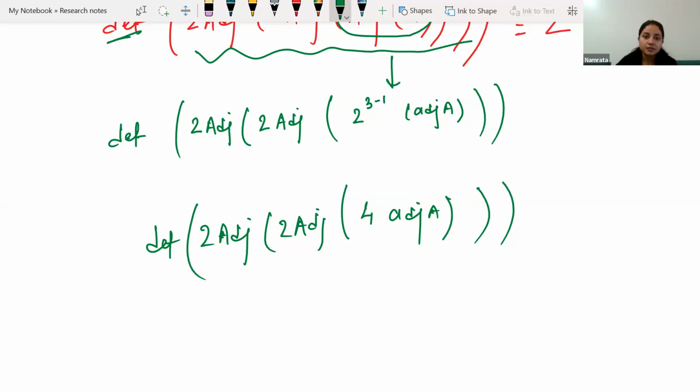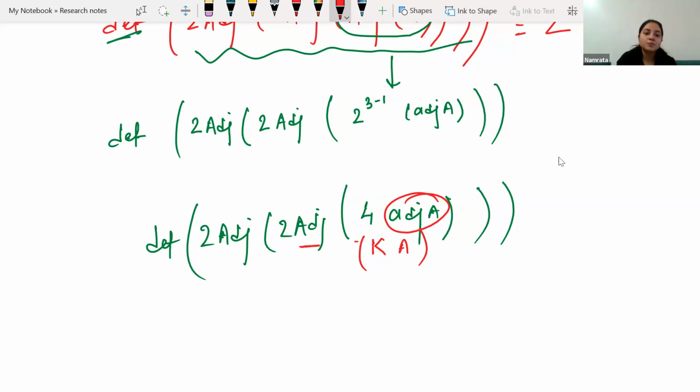Now, again, if we focus on the adjoint, we can say this is K and this is A. Again, that type of arrangement we have. Don't worry about this adjoint; we are going to treat it like A. The same property which we applied in the previous step, we are going to repeat over here.